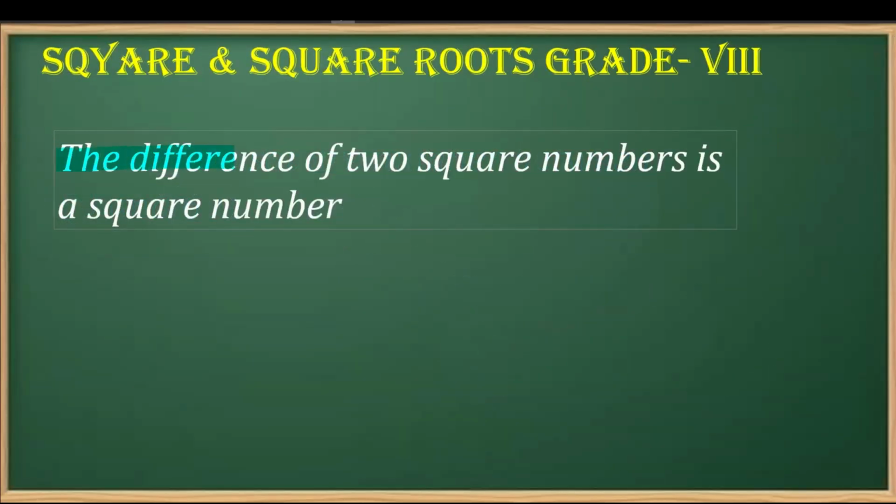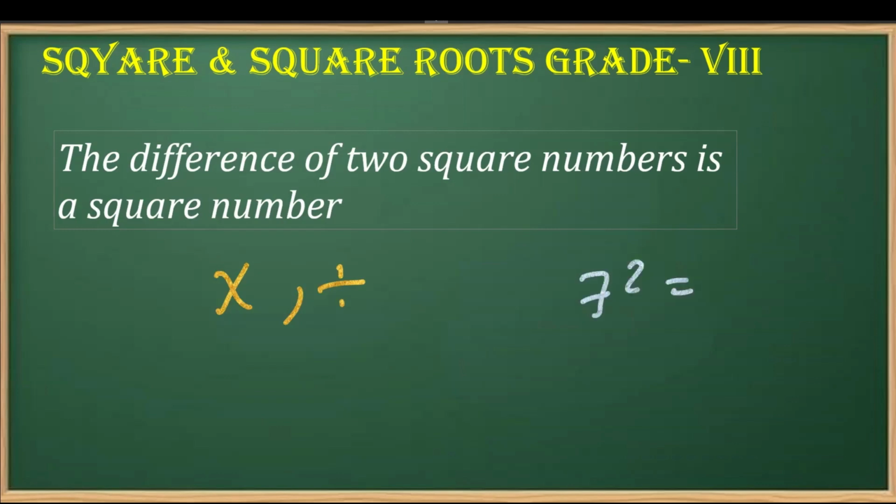The next question says the difference of two square numbers is a square number. Well, it may not be, right? What you should know is that the difference and the sum of two square numbers may not be a square number. Only the product and the quotient of two square numbers is a square number. You can verify this also.